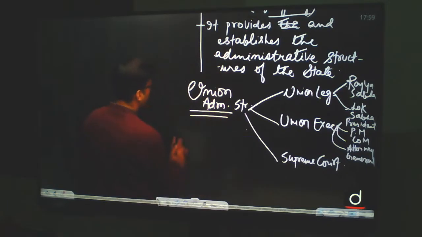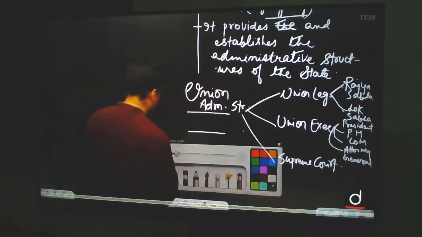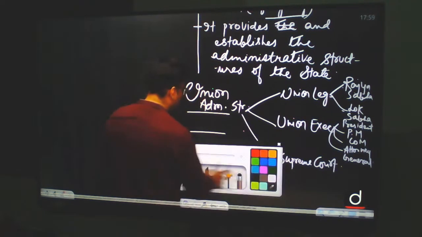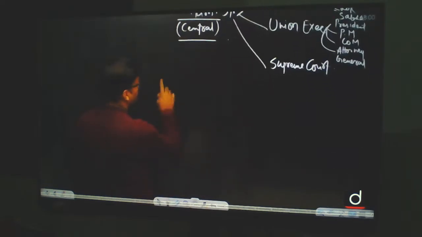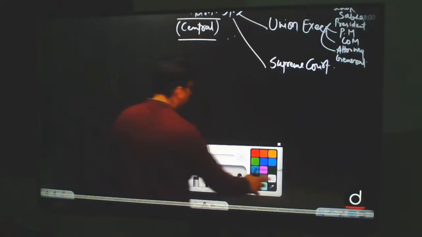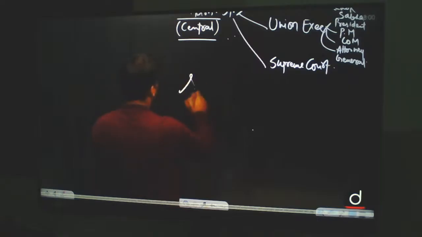So this is the structure at the union level, rather we can say at the central level. Now the same structure, if you have to replicate it, because India also has states, which means power is divided between center and state. So in the context of the state, what is the administrative structure of the state?